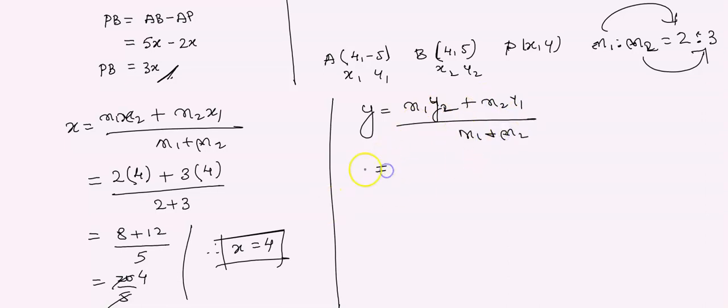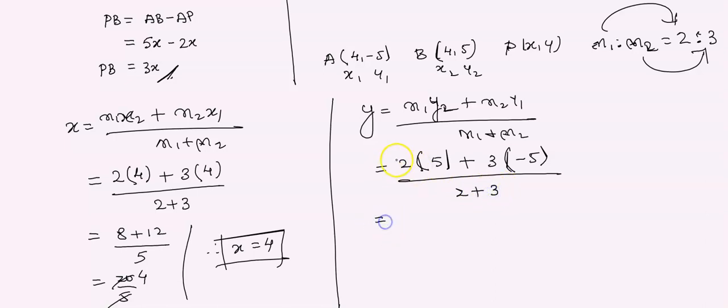How much is m1? 2 into y2, which is 5, plus m2, which is 3, into y1, which is minus 5, by m1, which is 2, plus m2, which is 3. That is equal to 2 into 5 is 10 plus 3 into minus 5 is minus 15, by 2 plus 3 is 5.